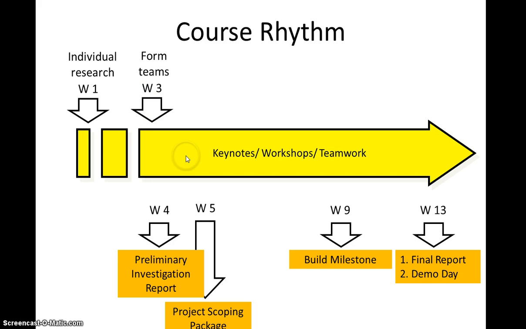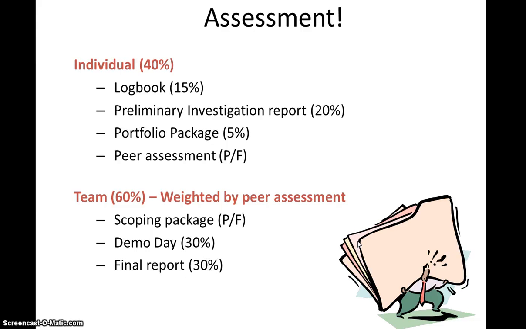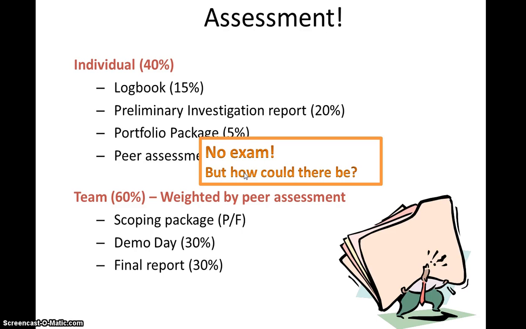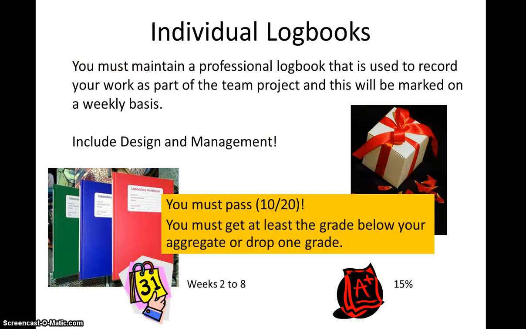For the rest of the semester you'll work as teams and you will produce various things as teams and you will produce a prototype. Now the assessment, 40% is individual and 60% is team. What you'll notice is there's no exam. But if you think about it, how could there be? With engineering, we're testing your actions, what you can actually do.